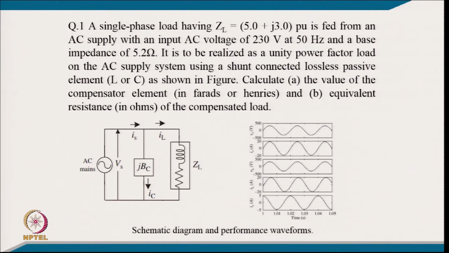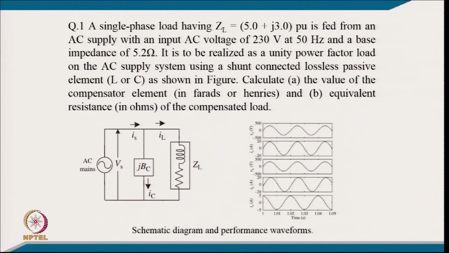It is fed from an AC supply with an input voltage of 230 volt, 50 hertz, and a base impedance of 5.2 ohm, and it is realized as a unity power factor load on the supply system using a shunt connected lossless passive element, maybe the inductor or capacitor as shown in the figure, and calculate the value of the compensator element. Again, if it is a capacitor it will be in farad or microfarad, or if it is an inductance, it can be in Henry or millihenry.